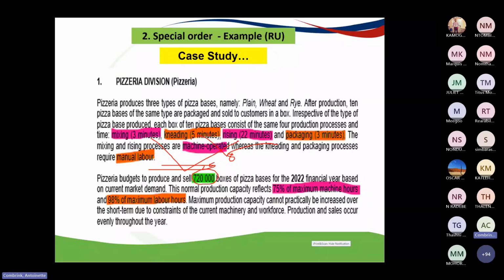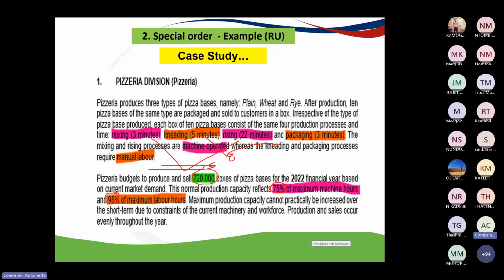Okay, so we've got a budget to produce 720 boxes. This is what we're currently producing. Then we're telling you that these 720 units are produced at 75% of the maximum machine hours and 98% of the maximum labor hours. So that tells us, yes, we still have availability in terms of machine hours and labor hours.